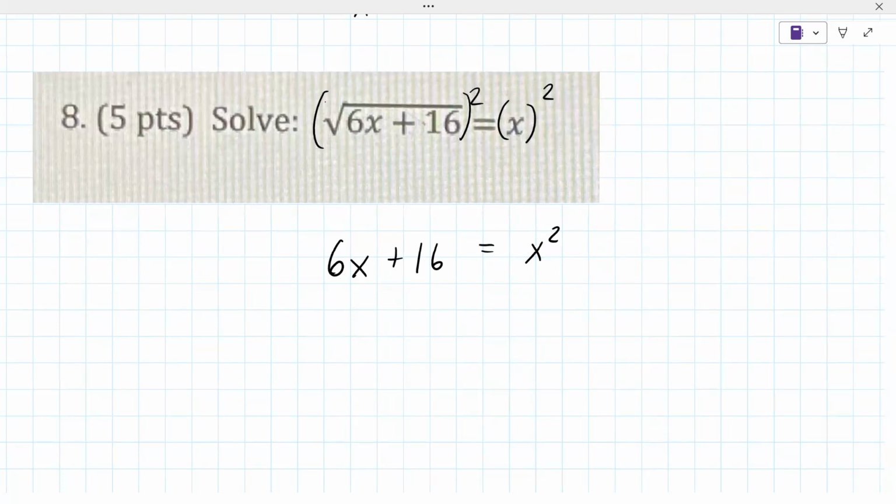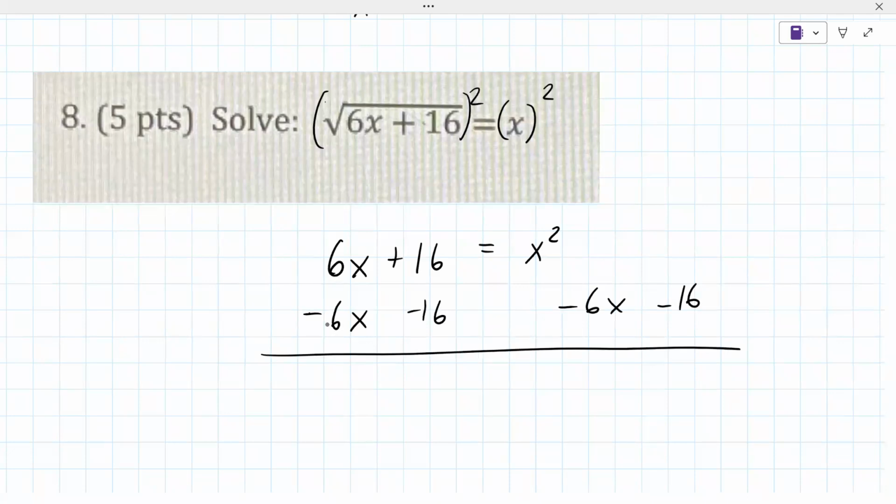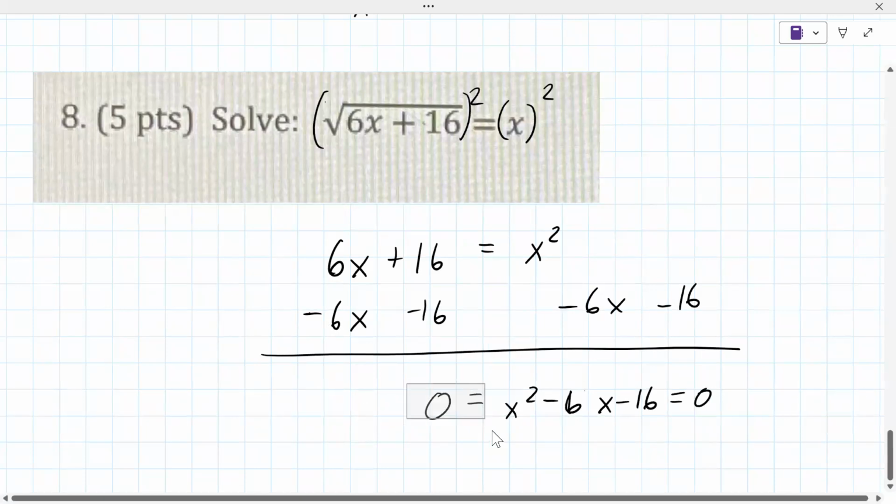Now you got to get everything on one side. I'm going to suggest we move everything to the right. The reason is you really want that x squared to be positive. And then instead of putting 0 equals, you can move it over to the right and put equals 0. That way it looks more like what you're used to seeing.